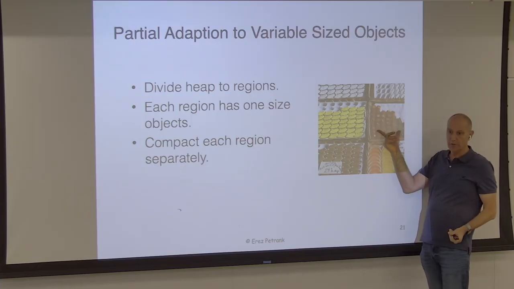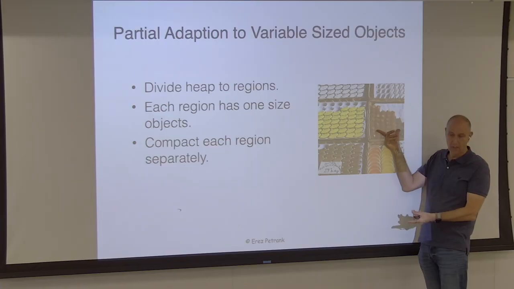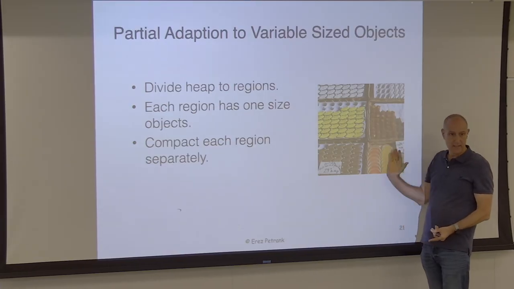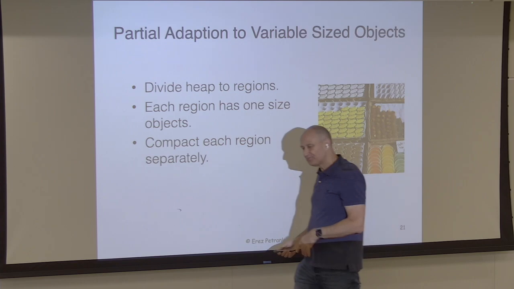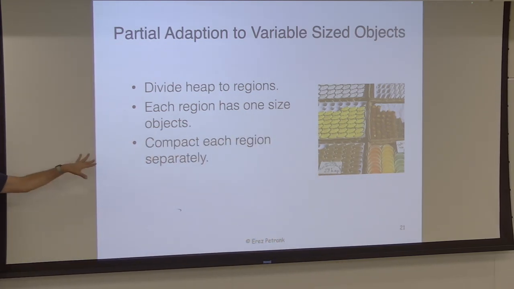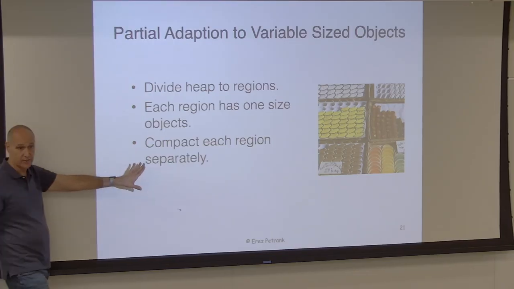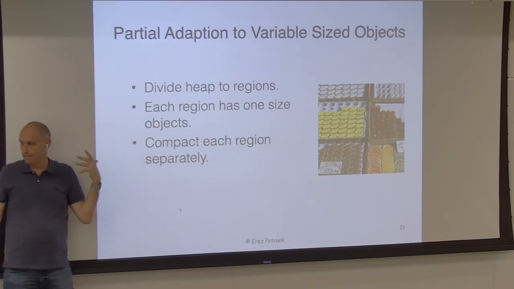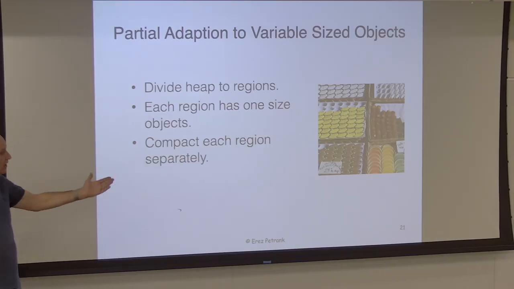If I keep all the objects of a specific size together, I can compact inside this and inside this. So there's no point in discussing this too much because it's a bad algorithm, and so it will not be used in practice.